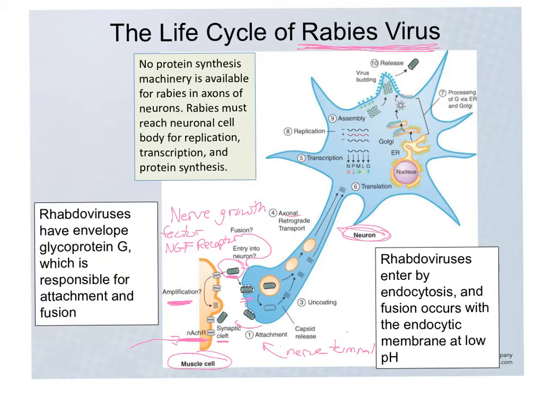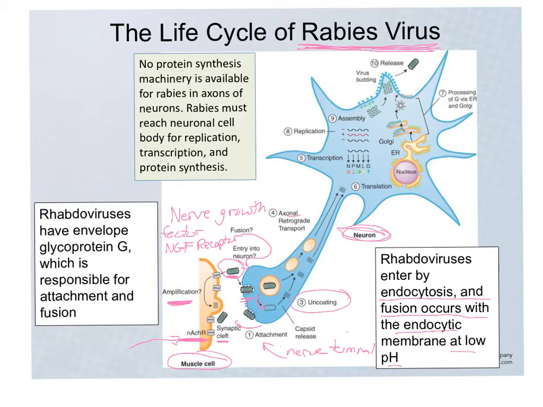And once it's in the neurons, now it's in the endosomes. And in the endosomes, as a result of the decrease in pH, the virus enters by fusion, and at the low pH, we get the uncoating event.